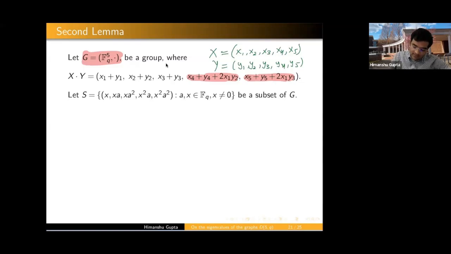So this is the group I'm going to be talking about. And now for a subset S, I'll take tuples of the form (x, xa, xa squared, x squared a, x squared a squared), where a and x are elements of F_q such that x is non-zero. Notice that the size of this subset is q times q minus 1.